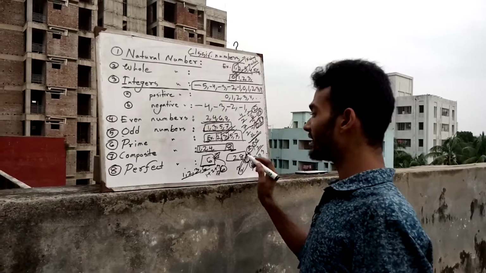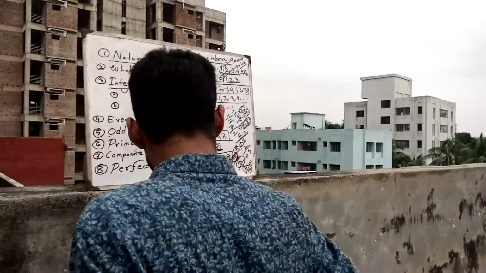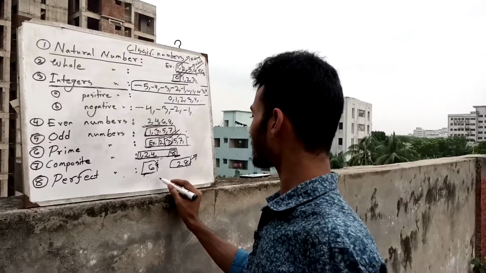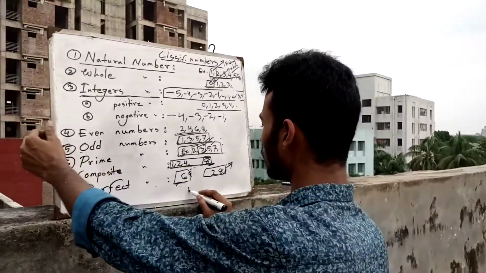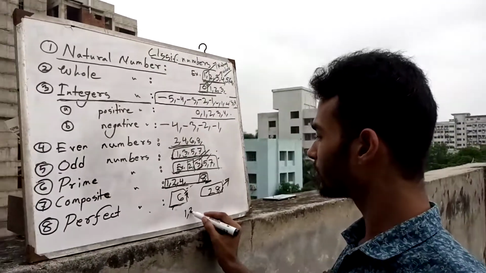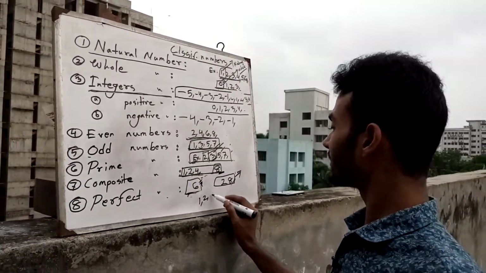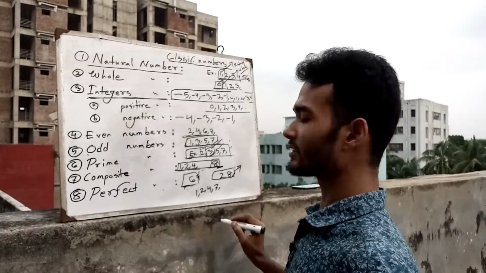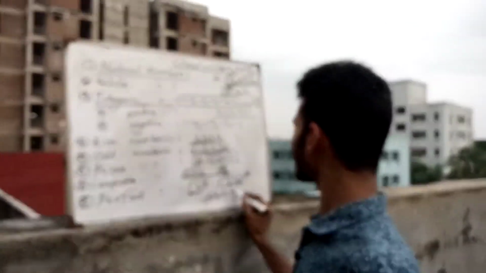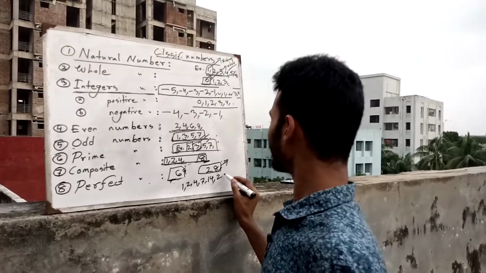Then go for the number 28. 28 has factors starting from 1, then 2, then 4, then 7, then 14 and then 28 itself.